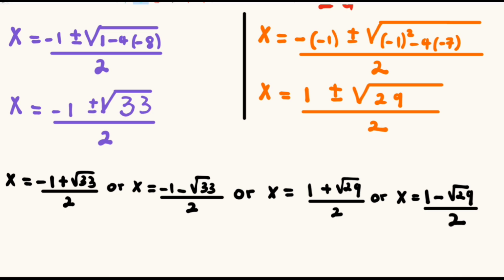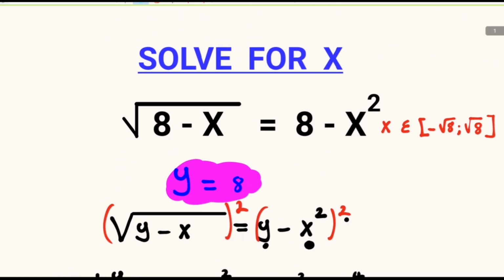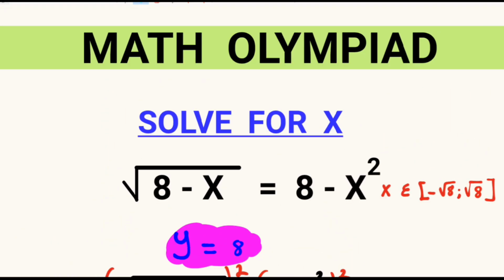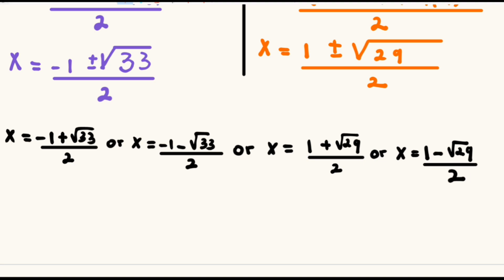We refer to the condition that was imposed. So we had x is an element of negative the square root of 8 to positive the square root of 8.